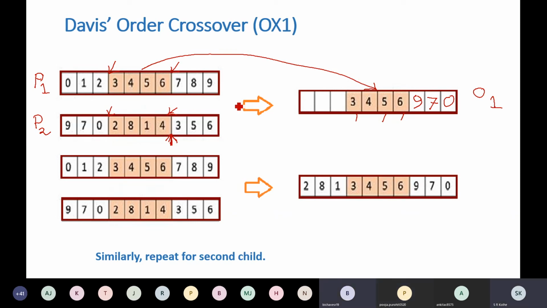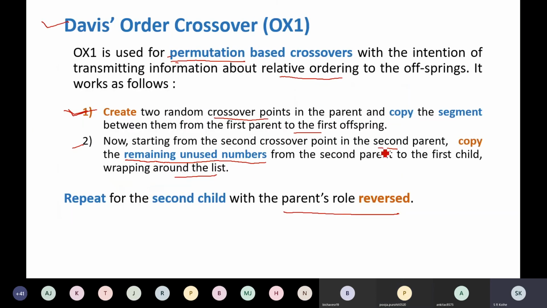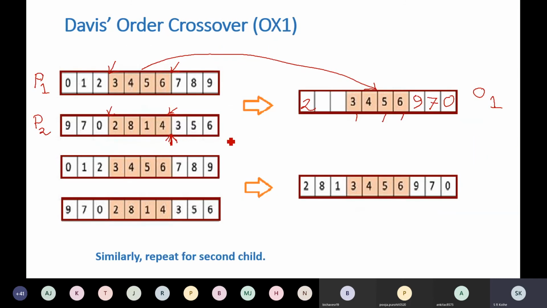Unused, copy it. If it is unused, copy it, go back. Then 8, unused, copy. 1, unused, copy. Okay. So this is your offspring 1.